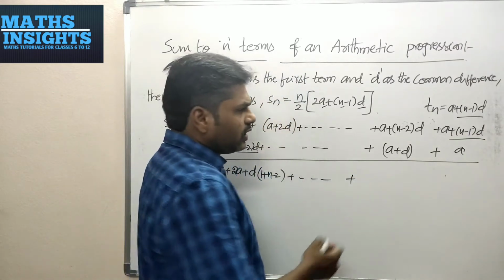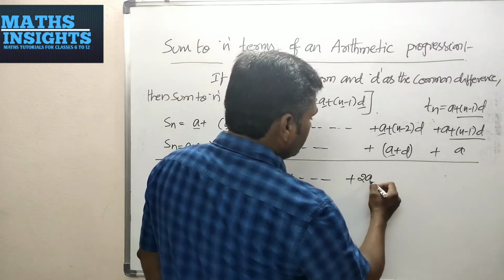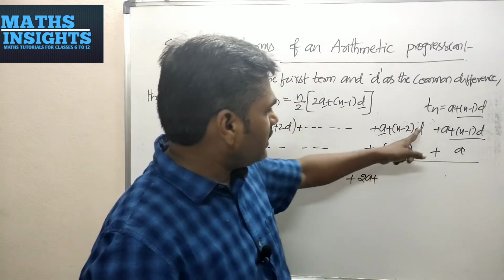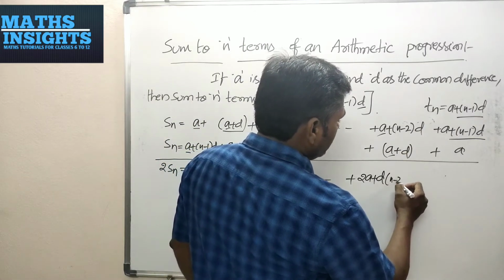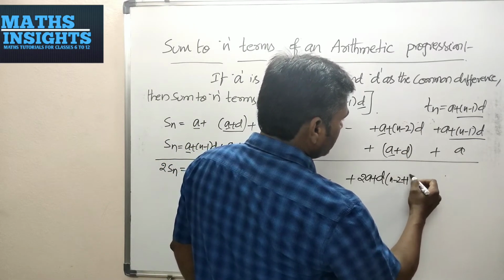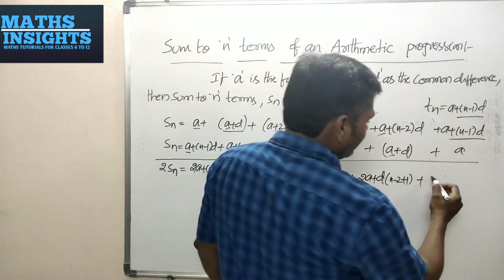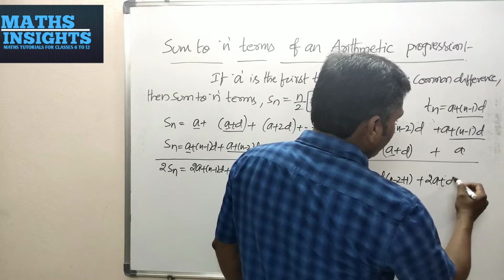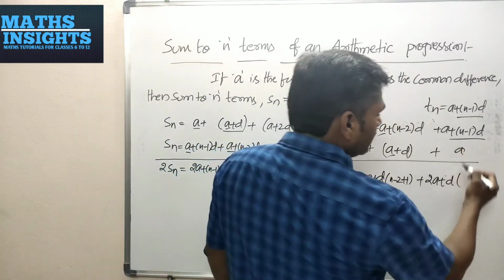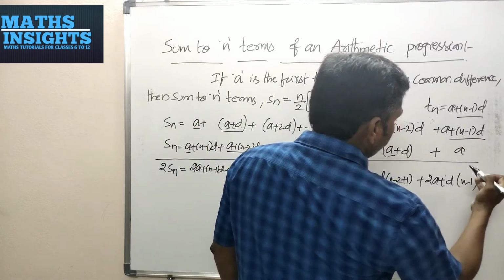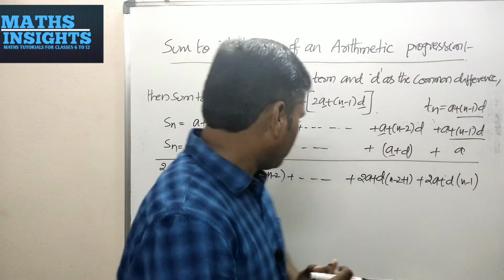Here also a and a become 2a, and if you take d common in these two terms, it becomes d into (n minus 2 plus 1). Similarly, a plus a is again 2a, and if you take d common, then n minus 1, a plus a is 2a, n minus 1 into d.